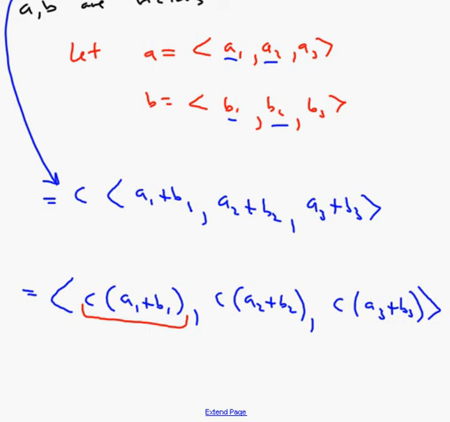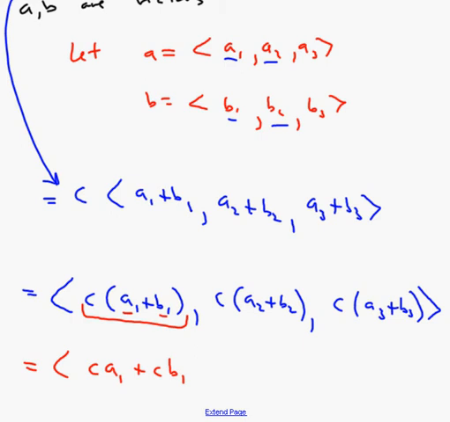This is the distributive property because A1 is not a vector anymore. A1 is a number, and B1 is a number. And I know the distributive property holds for multiplication over addition. So I have the ability to do this. I can say that this is really cA1 plus cB1. And I'm allowed to do that now because A1 and B1, these guys right here, are numbers.